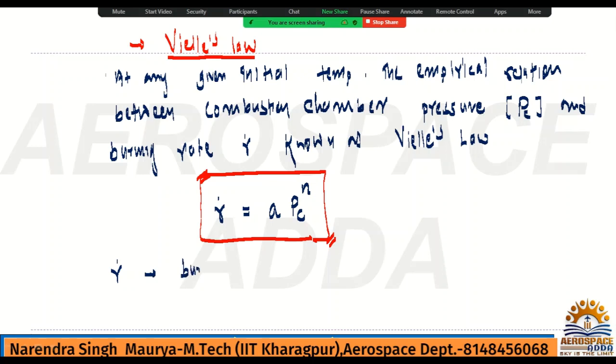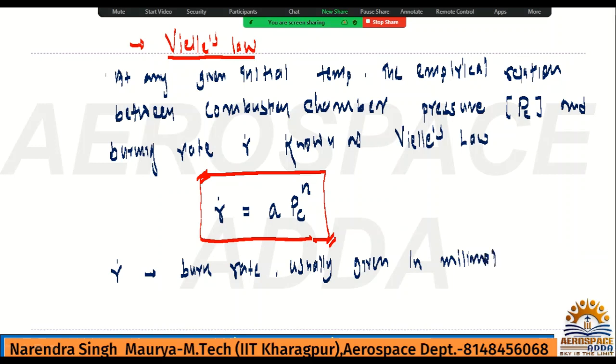And this is also very special, because you need to use this formula with the proper units, otherwise you will not get the correct answer, okay? So the burn rate for this formula will be in millimeter per second, okay? R dot.